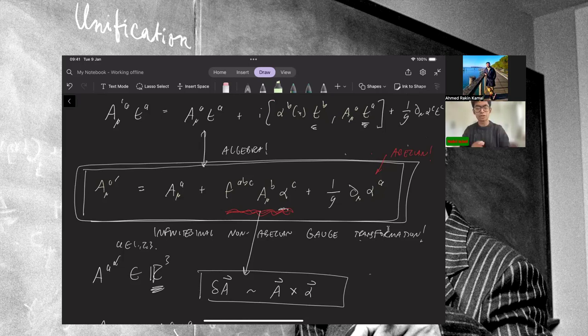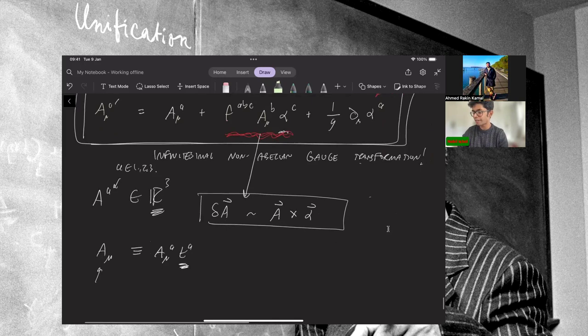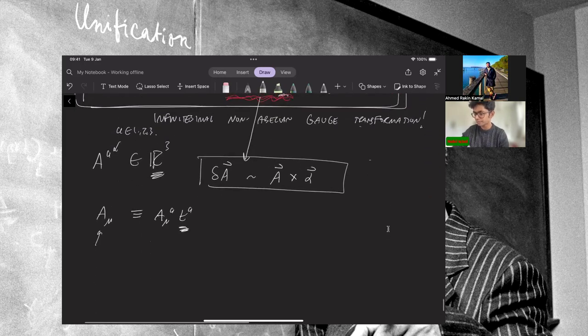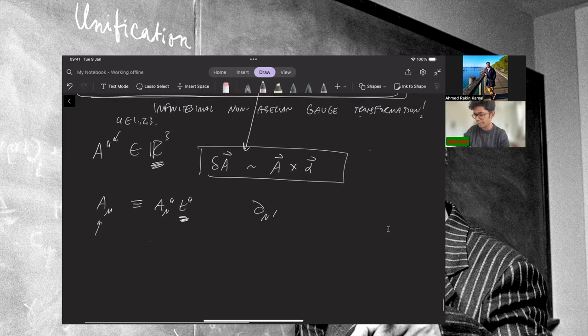Now, the next thing to do is to write down a kinetic term for this. In other words, I want to write down an action which is invariant under non-abelian gauge transformations. And this is tricky, all right? Because if I just take a derivative, partial mu A nu A, this is not gauge invariant. And the problem here is really much worse than in the abelian case.